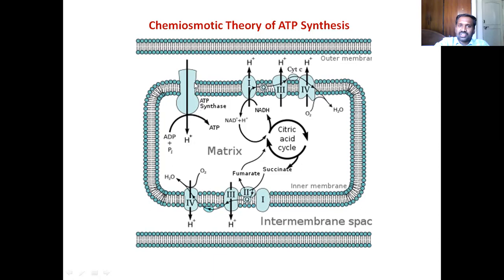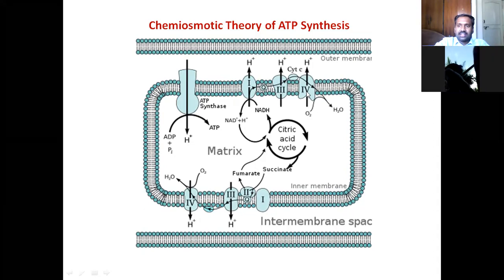It creates a lot of structural changes, and as I told you, changes from the energy point of view, and that is used to synthesize ATP by linking phosphate to ADP. So this is only a gist of the chemiosmotic theory. Fine.